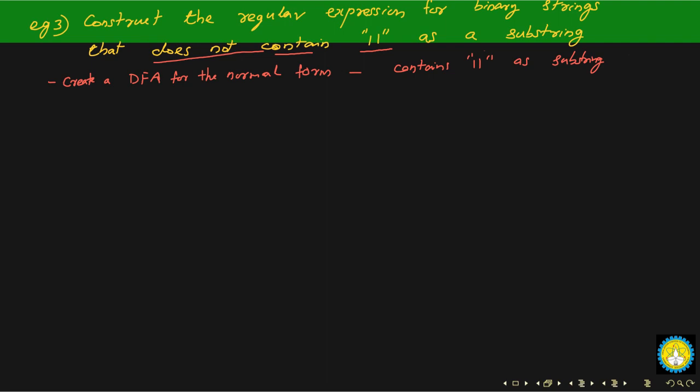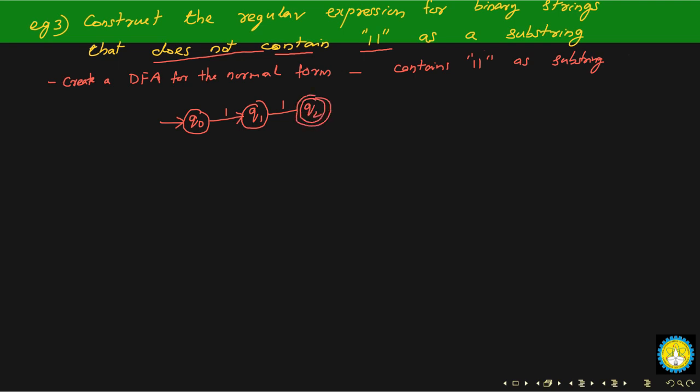If you create a DFA for the normal form, it will be something like this. Start at Q0, the starting state. From here, if you get a 1, go to Q1, and if you get one more 1, you can go to Q2, and that's going to be your final state.